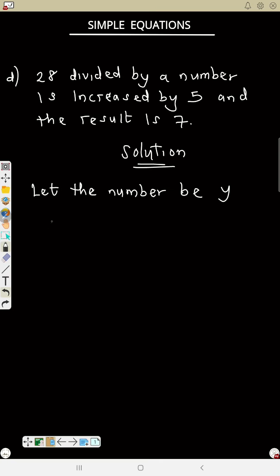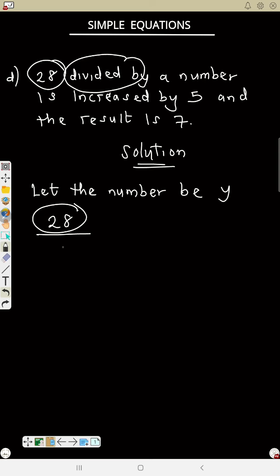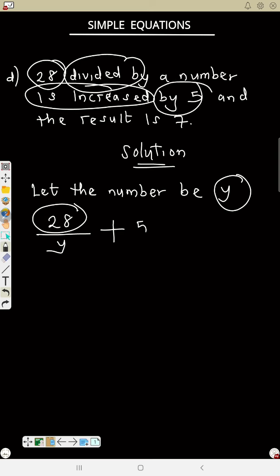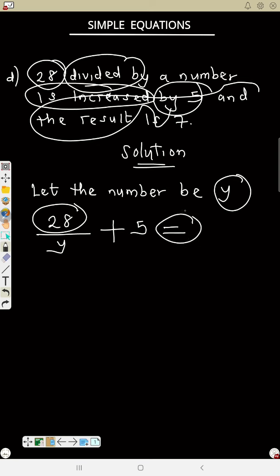Now 28 divided by a number, I said let the number be y, so that will be divided by y, is increased. Increase means plus 5, and the result is, it means equal to 7, like that.